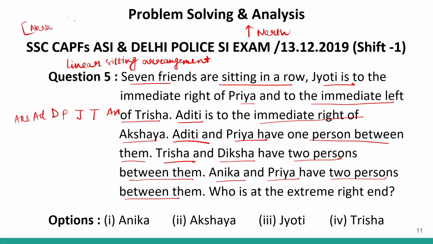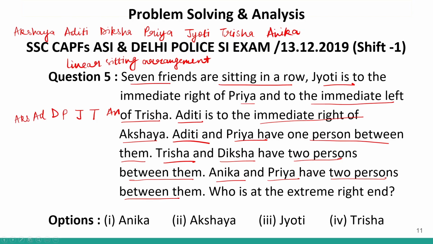If I write the final arrangement for you guys, first we'll have Akshaya, then Aditi, then Diksha, then Priya, then Jyoti, then Trisha, and then Anika. So this will be the final linear arrangement. We have to find out who is at the extreme right end. So at the extreme right end, we have Anika, and Anika is given in option number 1. So option number 1 will be your correct answer. Okay, so this was a question of linear sitting arrangement.